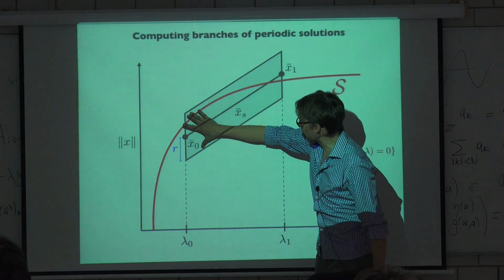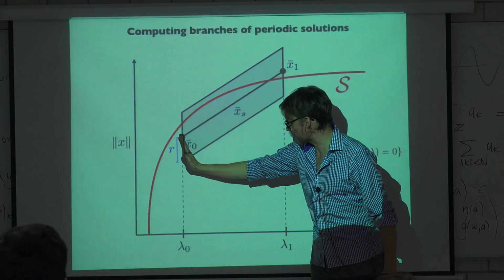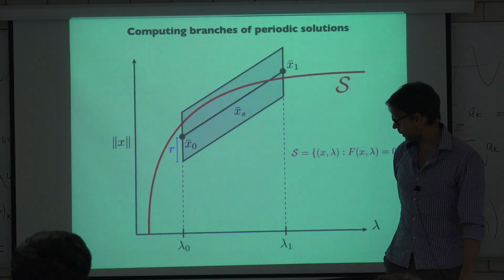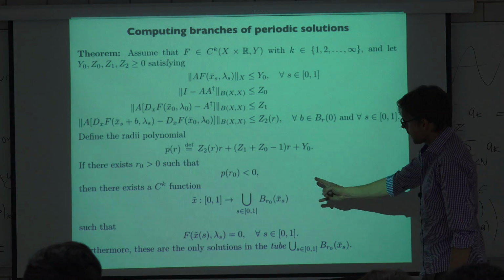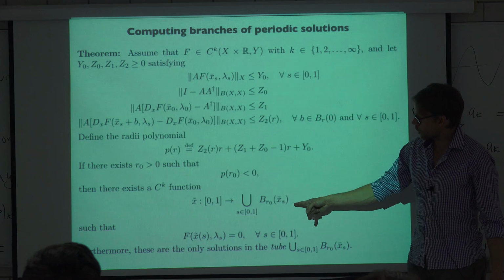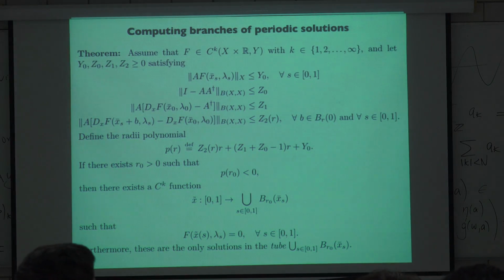So now there's a curve, the red curve in the ball, it's like a parameterized family of balls here. And then there exists such a function, which is C^k. So it's as smooth as the function F that we started to work with.